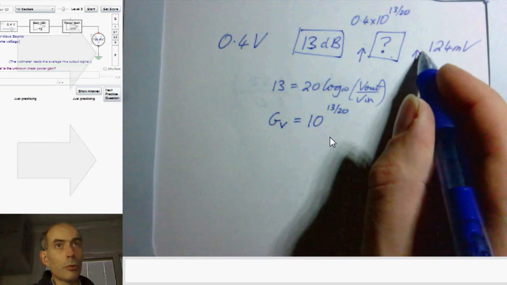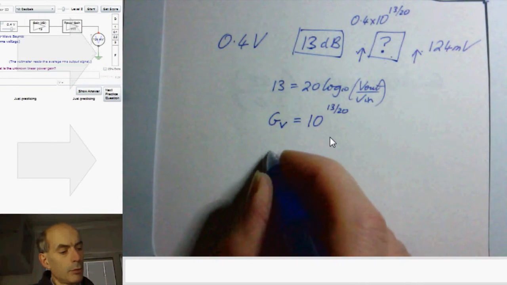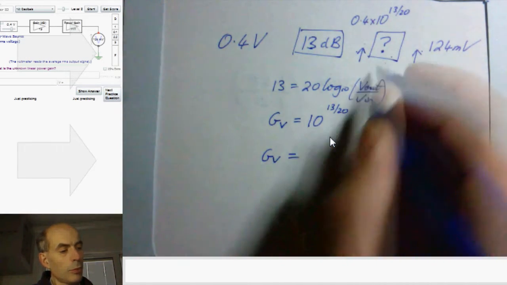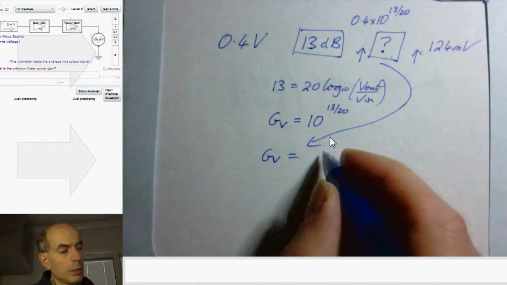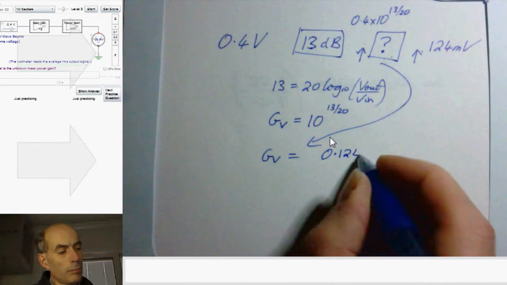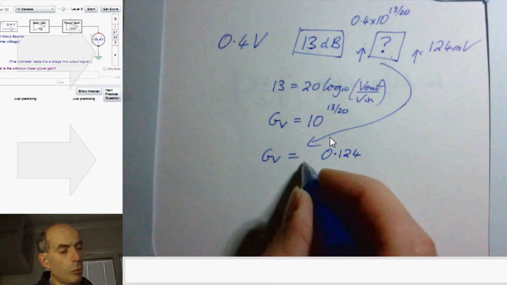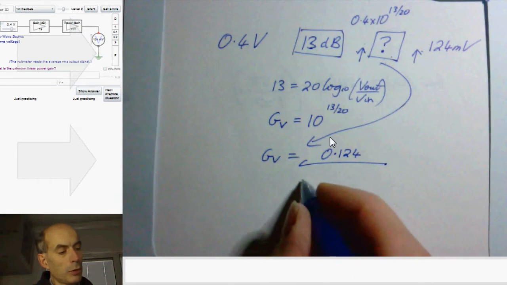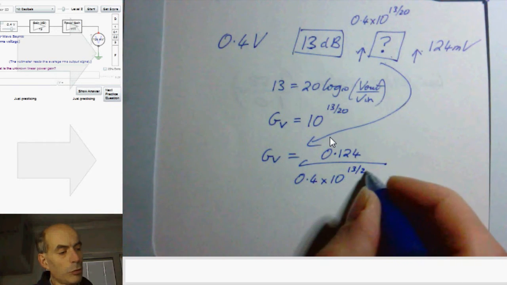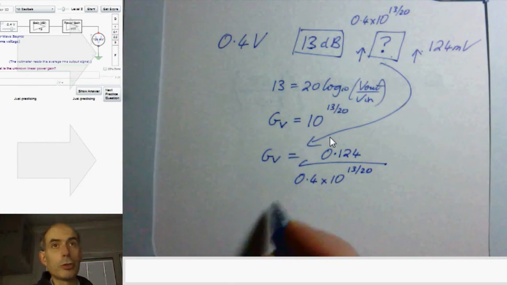That's just its output divided by its input. So the gain of the unknown voltage, that's this one, must be 124 millivolts, that's the output, I'll write it as 0.124, divided by the input, which is 0.4 times 10 to the power of 13 over 20. And that will give me the voltage gain.